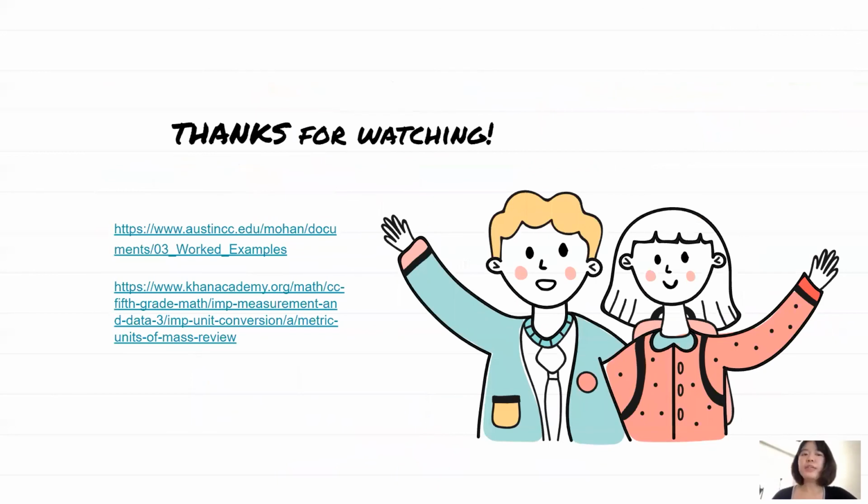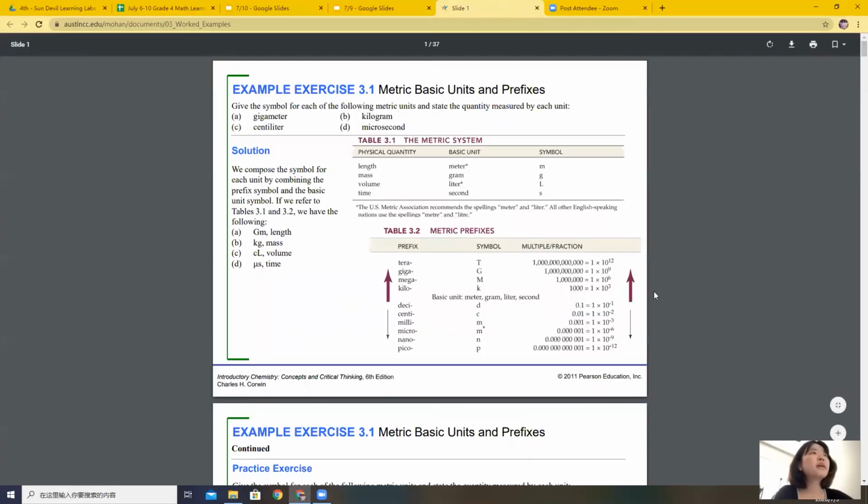Okay, so today we learned how to relate metric units to place value units in order to express measurements in different units. And here are some resources for you to practice at home. I will put both of them on the learning guide. This one shows the metric base unit and prefix. So for example, for length, the basic unit is meter and the symbol is m.